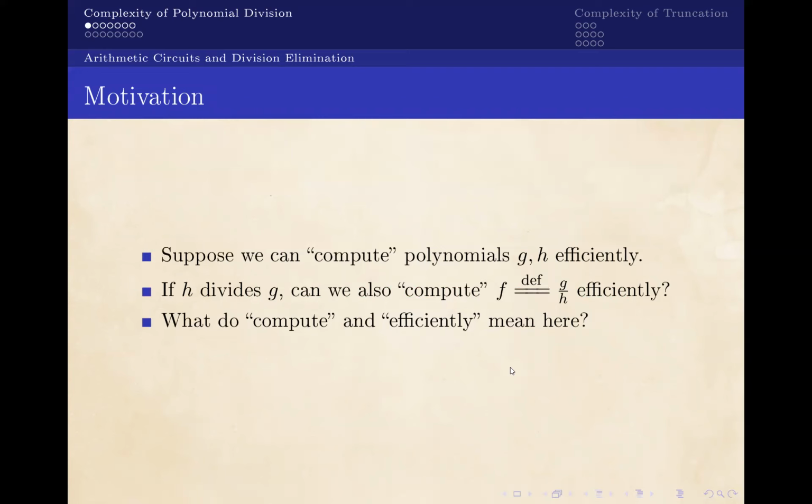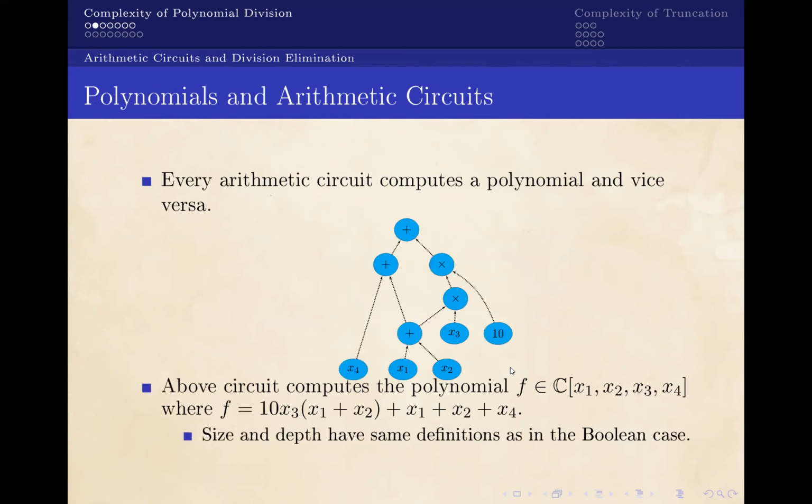Now let me make the terms compute and efficiently more precise, by defining the notion of arithmetic circuits. Every arithmetic circuit is a directed acyclic graph with leaf nodes which are variables or constants, and intermediate gates which are either addition or multiplication gates.